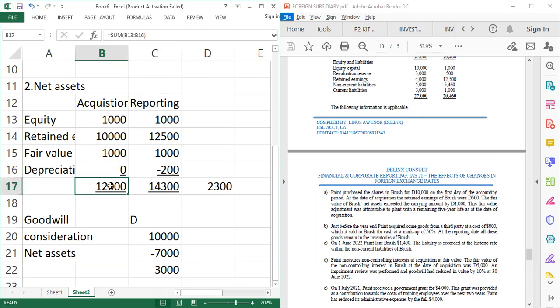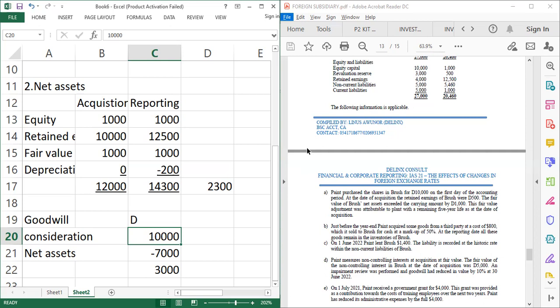Another way of doing this is this. Since the NCI portion is in the 12,000, come and add the NCI to the 10,000 to have 15,000. Then you now come and subtract all the 12,000. We are adding the 5,000 because the 5,000 is already part of the 12,000. So if we want to subtract all the 12,000, it means that we are subtracting the NCI figure also. So we add the NCI figure to the amount that the parent is paying.